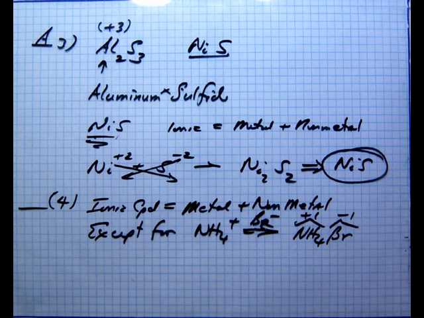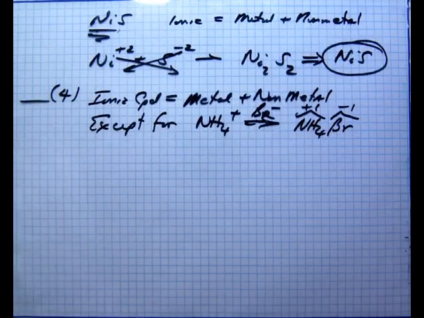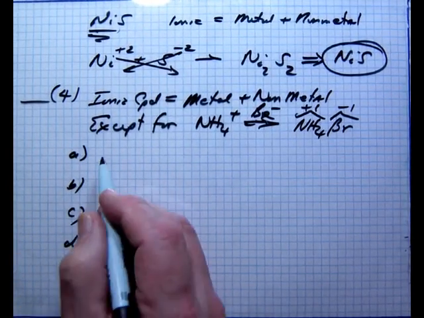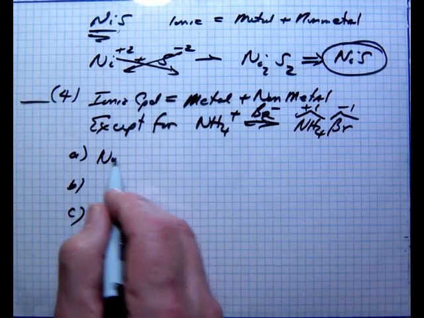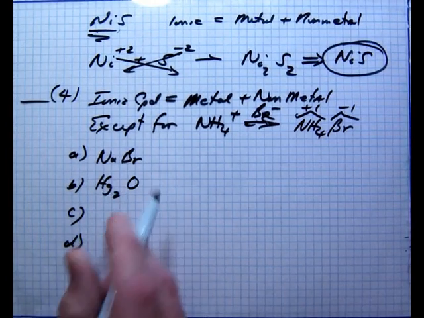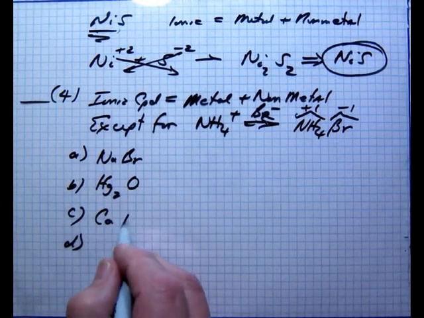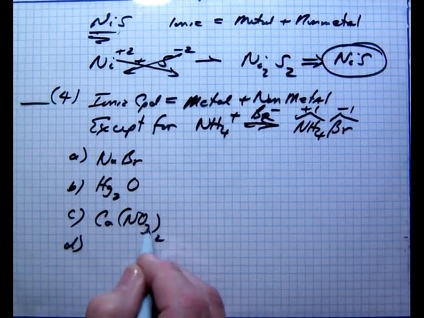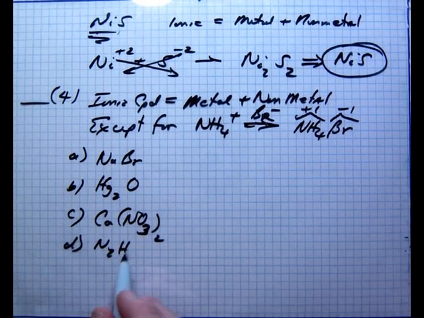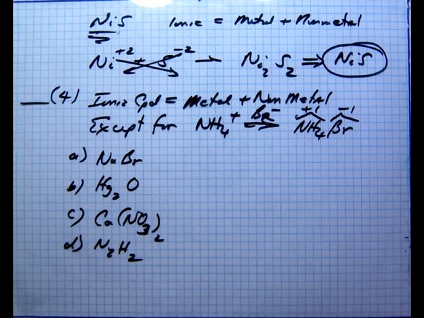Okay, in the quiz, I gave you A, B, C, D. A, sodium bromide, mercury oxide, calcium nitrate, and N2H2 is hydrazine.